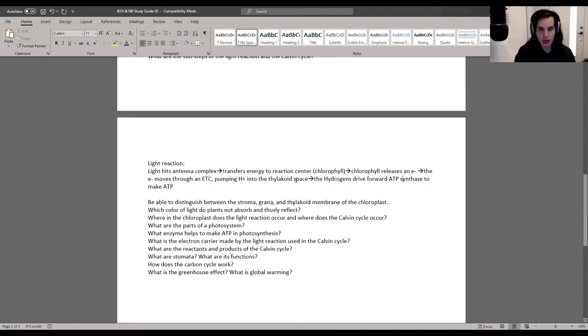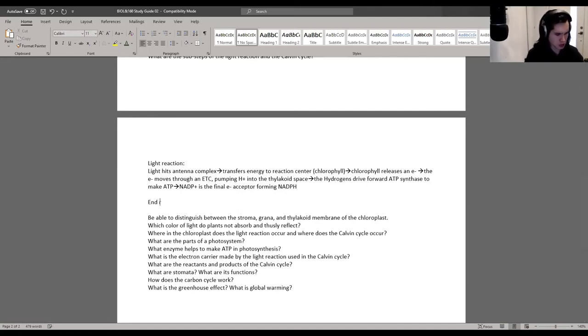Now, remember, in the electron transport chain within oxidative respiration in the mitochondria, your oxygen is the final electron acceptor. However, in photosynthesis, NADP plus is the final electron acceptor, forming NADPH.